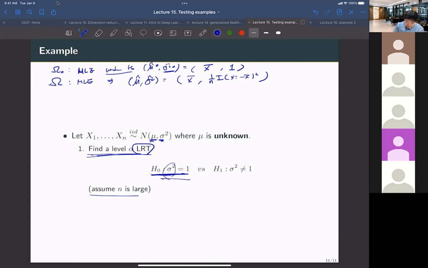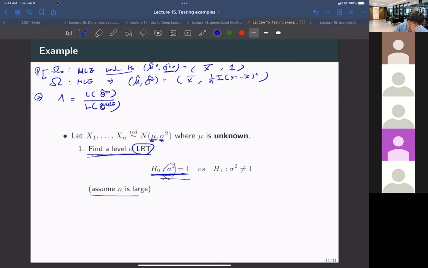Okay, and next, first find this and calculate this, which is to plug in the likelihood of theta hat 0 and plug in the theta hat MLE. That's all. So if it is too small, then we reject the null hypothesis.